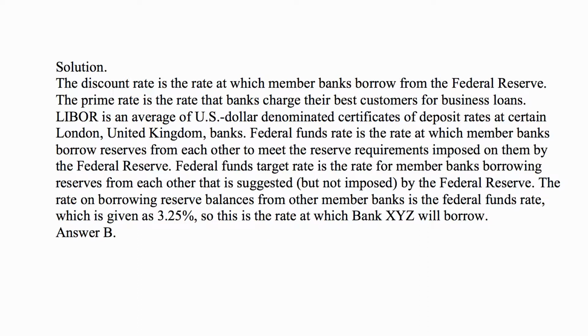The federal funds target rate is the rate for member banks borrowing reserves from each other that is suggested but not imposed by the Federal Reserve. It's the rate that the Federal Reserve thinks should be the rate for federal funds, but it's not imposed. The actual federal funds rate is the one at which the borrowing happens.